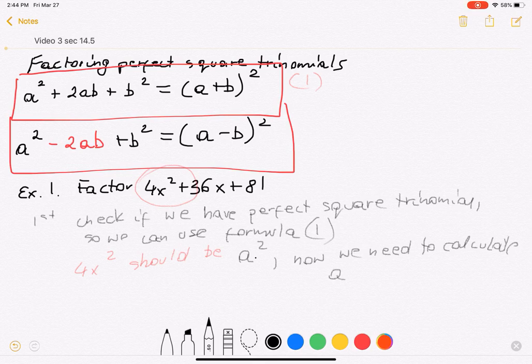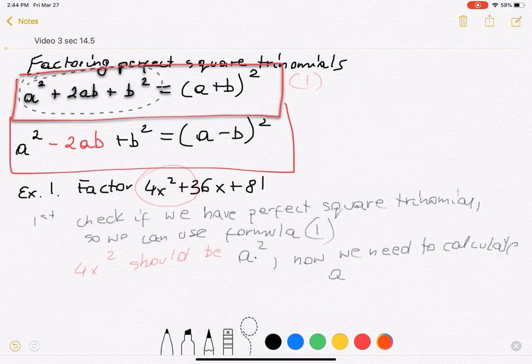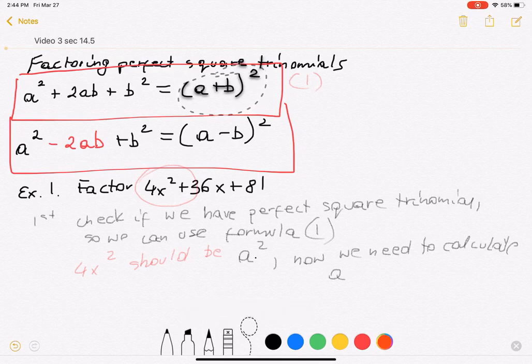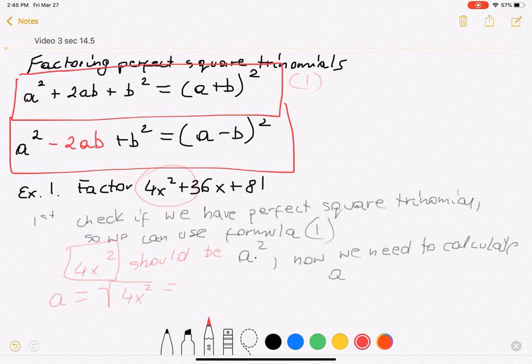So we need to calculate a, because we're thinking that we have the left side of the perfect trinomial, and we want to write that as a plus b to the second power. So we need to figure out what a and b are. How do we get a? We undo the second power. So a is the square root of 4x squared, which is just 2x. That's our a.